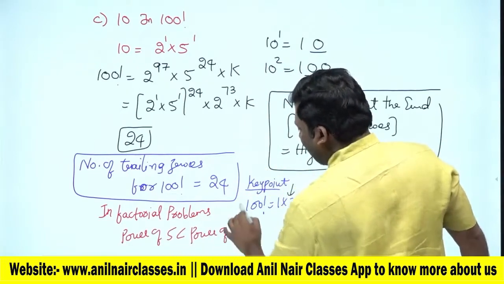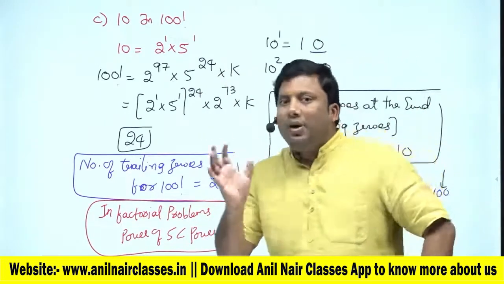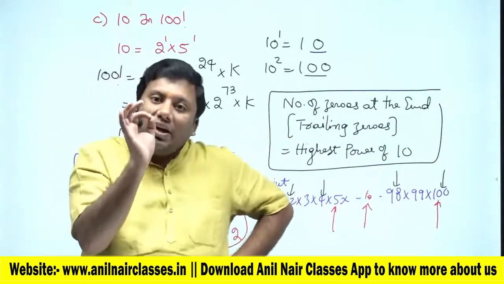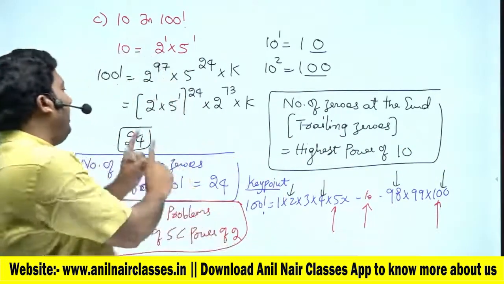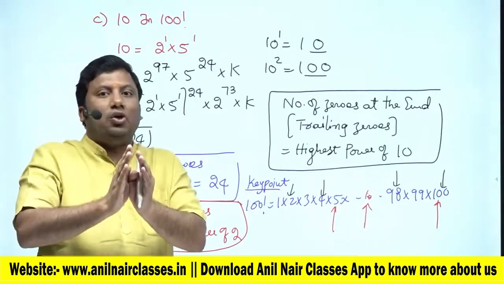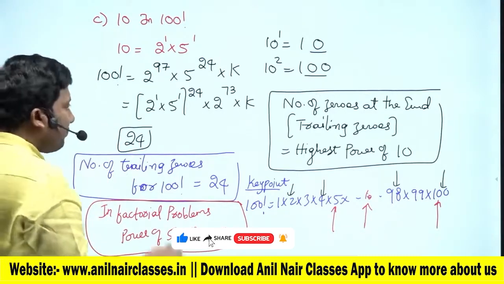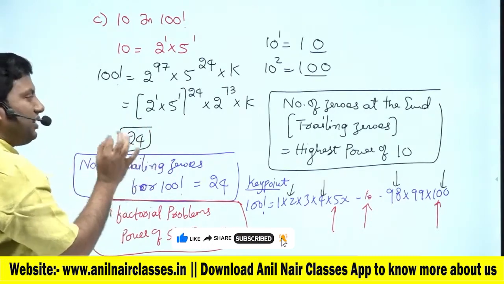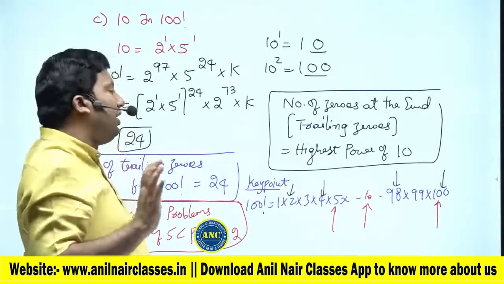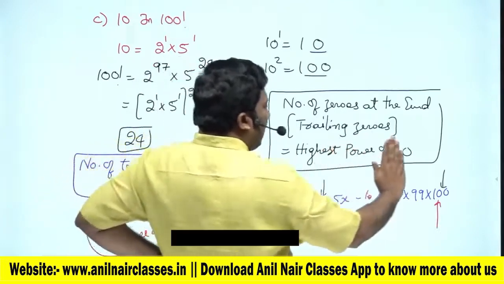Because the power of 5 is less than the power of 2, I will take the highest power of 5 when finding the trailing zeros for factorial problems. Only for factorial-based problems, for the number of zeros at the end, we will take the highest power of 5. Why are we taking only the highest power of 5? 100 factorial is 1 into 2 into 3 till 100.